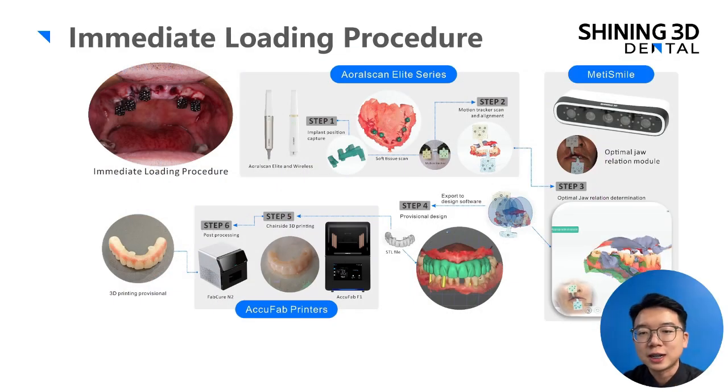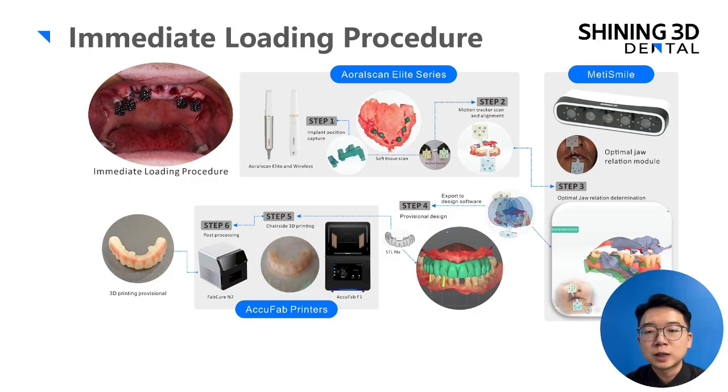Okay, in conclusion, as we mentioned earlier, for the detailed steps of this immediate loading case, we used the Aeroscan Elite series to get the accurate implant position. Also, we added an extra match of the motion tracker to the intraoral scan data that we collected. After that, we used MetiSmile, the jaw motion module, and the optimal relationship module function inside it to be more precise in getting the healthy bite or the optimal jaw relation for this patient.